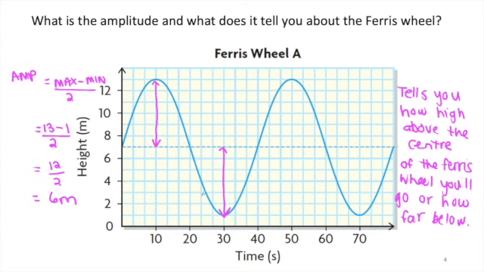Another key thing to know about this is that it is the radius of your Ferris wheel. So there's your center, right? Well, you figured out the distance from here to here, which is 6 meters, or from here to here is 6 meters. So that is actually your radius. Okay, that's a good word to use there as well.